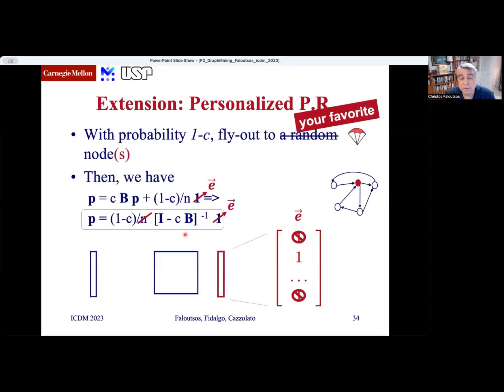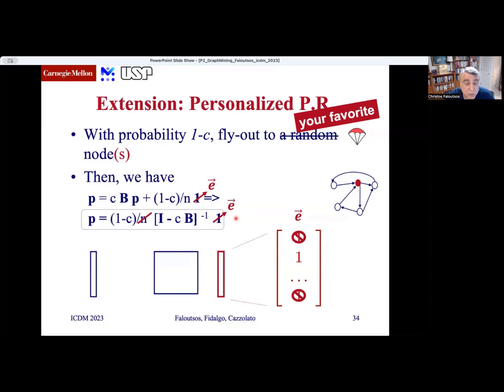It turns out we can do it extremely elegantly by having, instead of random flyouts, as the PageRank does, the flyout go to our favorite node. So if the source node is node 2 here, every time we restart, we restart from node 2. So the parachute now is biased, and restarts exactly at this node every time.